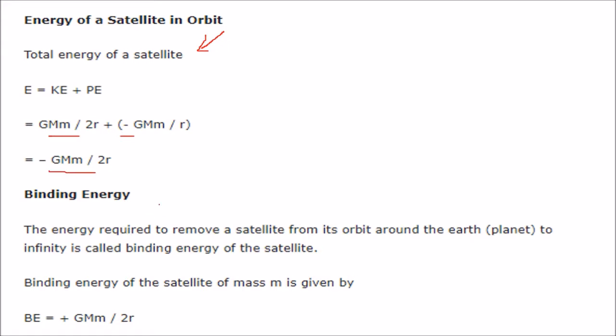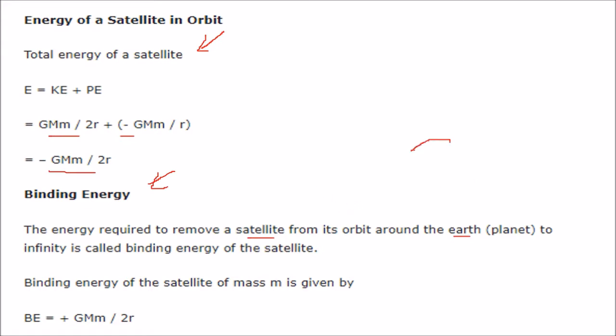Binding energy. What is the binding energy? The energy which is required to remove a satellite from its orbit around the Earth, or say any planet. We will not talk about Earth again and again; it can be any planet. To infinity. This is called the binding energy of the satellite.